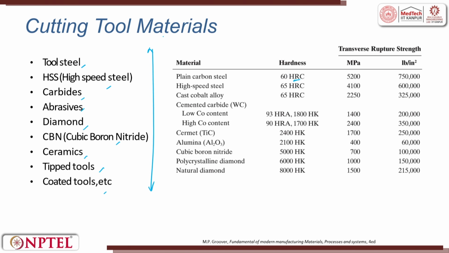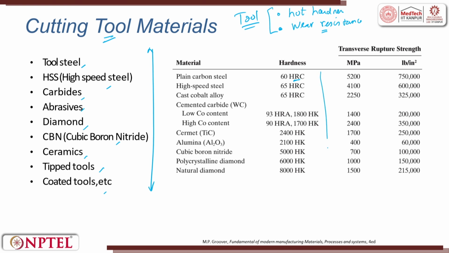When you try to write a tool, what are the major properties of a tool? It has to have a high hot hardness. Hot hardness should be very high. Wear resistance should also be high. Hot hardness means that at a very high temperature, the hardness should be maintained. These are basic properties. Hardness at room temperature is different from hot hardness.